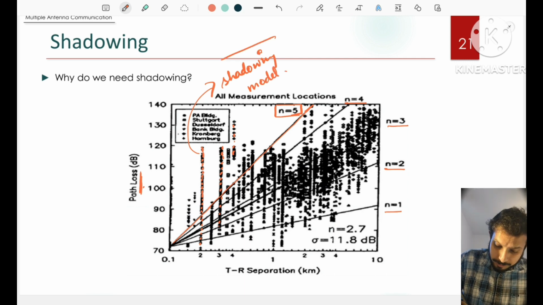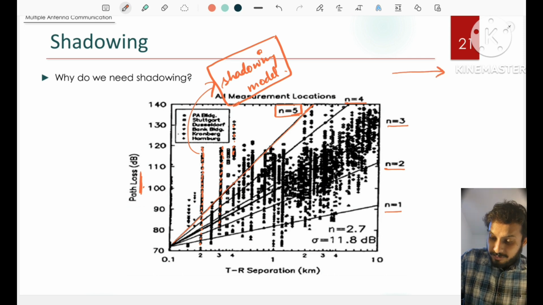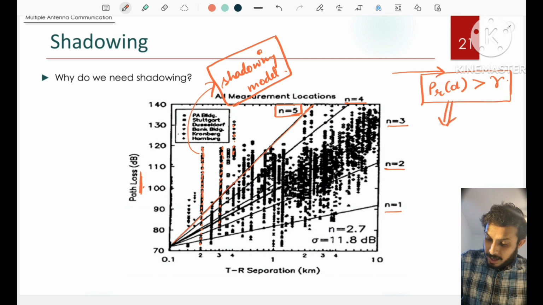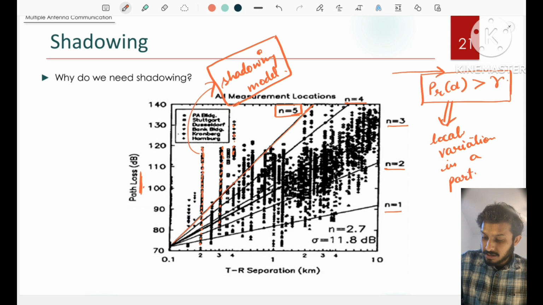This is important because in a particular direction, we require that the received power strength at a distance d should be greater than some threshold value. So these things are captured by considering the local variations in a particular direction.